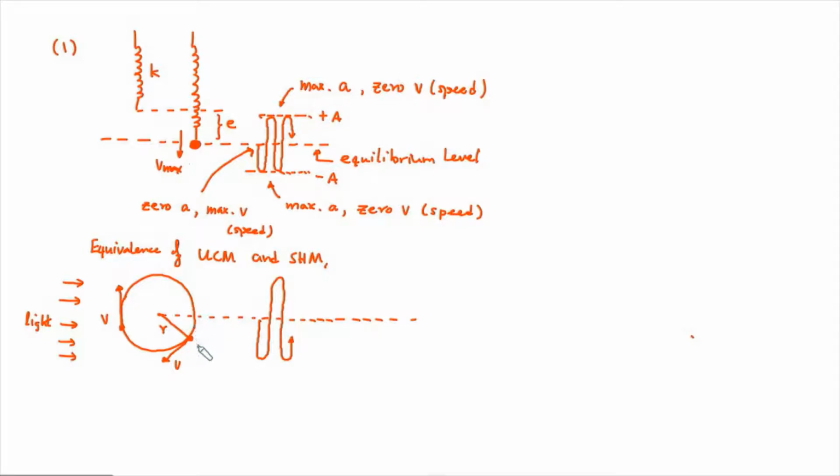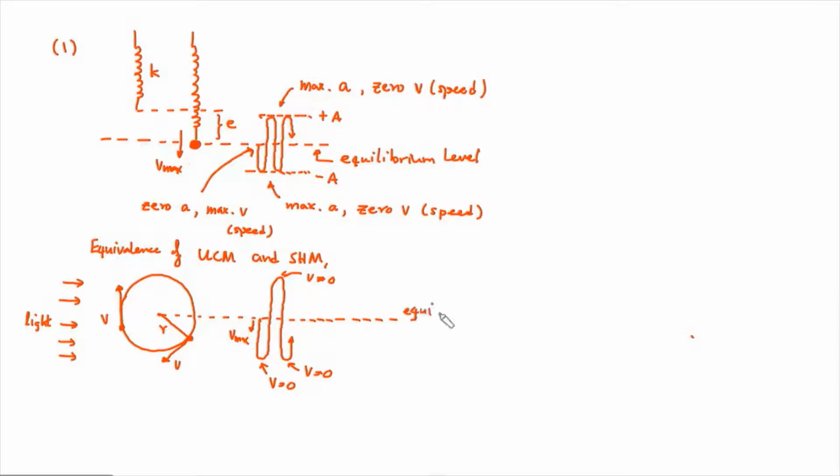So for example, if we want to find the maximum speed over here, say that this is Vmax. Over here V is 0 at these extreme points. You can recall we discussed this earlier, this is 0. Over here again at the extreme points V is 0, but V is a maximum when the object is passing through the equilibrium level.